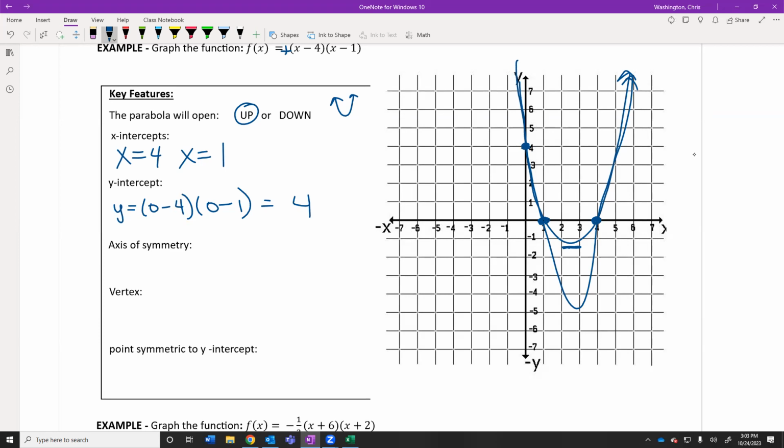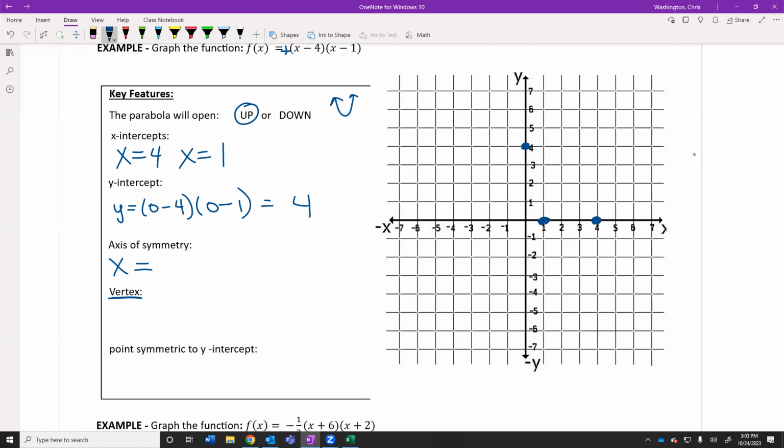Does that make sense? So now the possibilities are not as abundant, but there's still an issue here. I don't know how far down the graph's going to go. So maybe if I find the axis of symmetry, specifically the vertex, then I'm going to have a really, really good idea what this graph's going to look like.